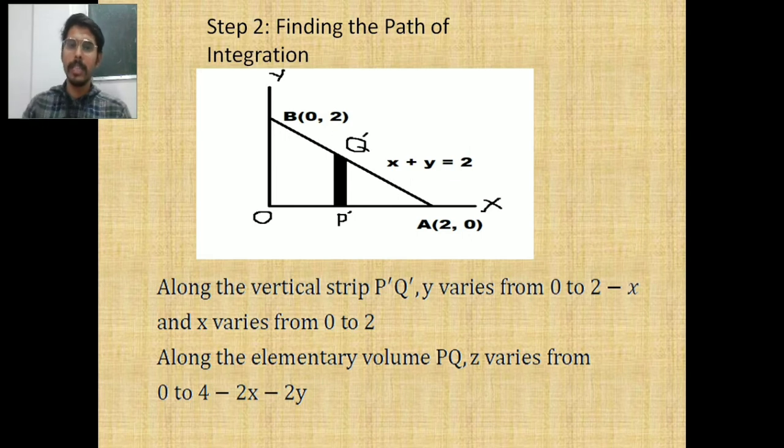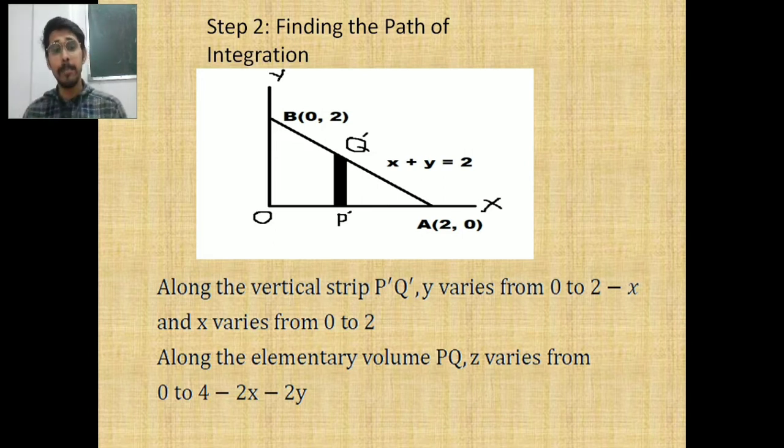That means we need to put y on one side, let's say the LHS, and take everything else on the other side. So y will be equal to 2 minus x, that is the other limit, and here of course y is 0 because we are landing on the x-axis. So this is how we are going to find the limits of x and y. That is the first step, to find out the path of integration.